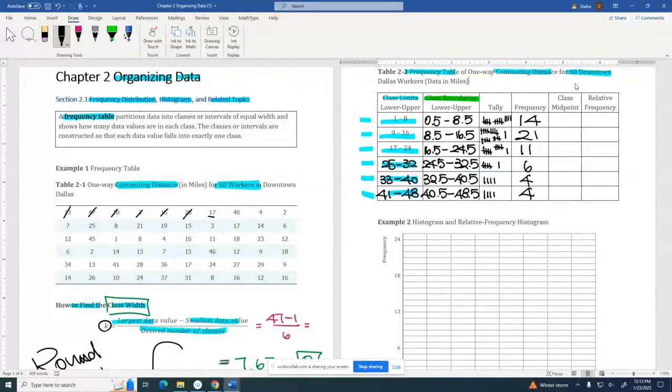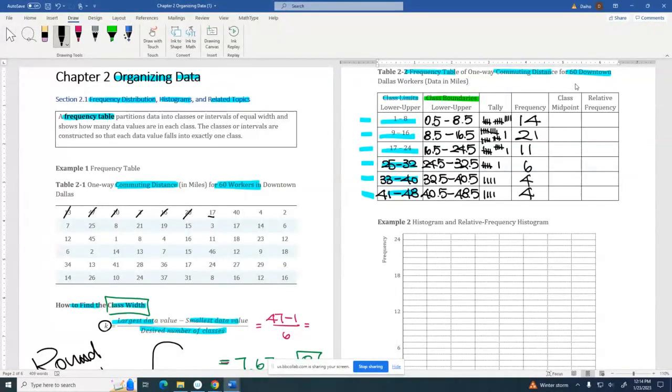You know the tally is a counting tool. That is not the frequency. The next column, the numbers: how many cases? 14, 21. Those are the frequencies, right? The tally is a counting tool.